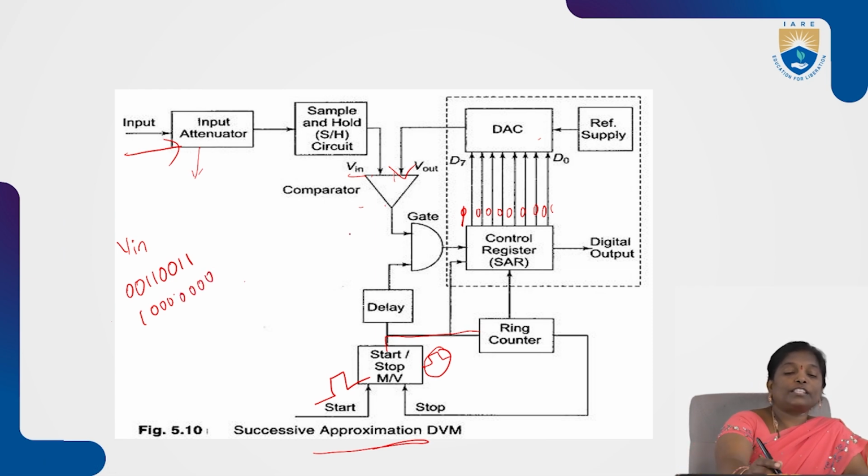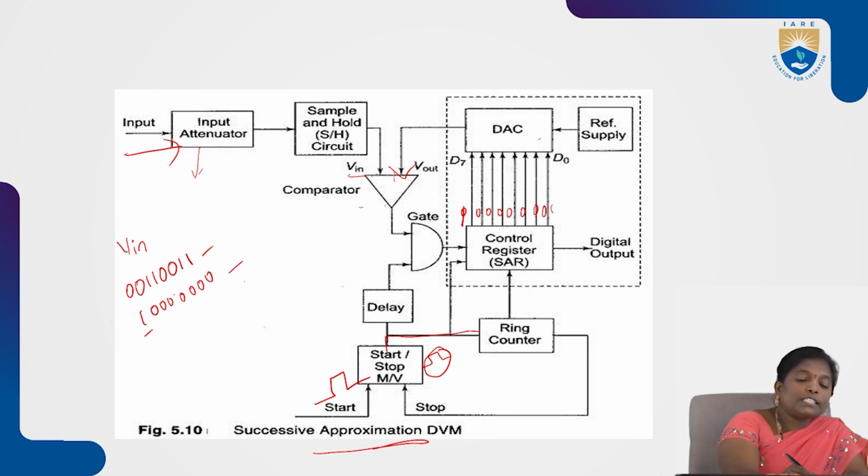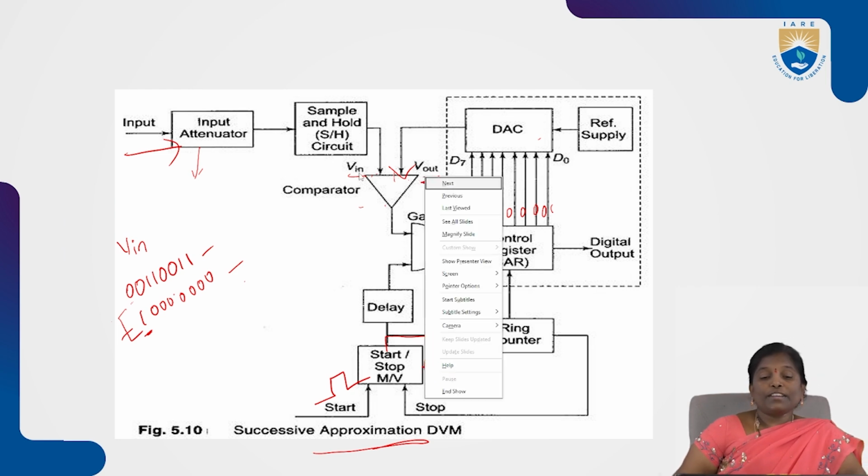When we compare these two signals, D7 here is 1, whereas in the input section D7 is 0. So we can conclude that the DAC output voltage is greater than the input voltage.